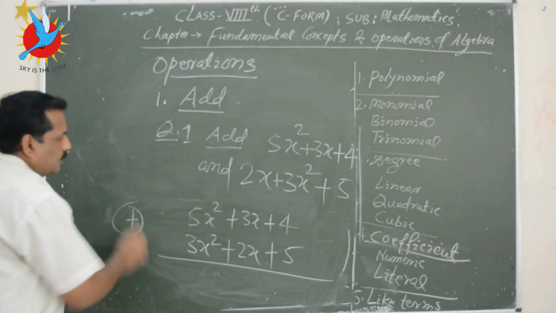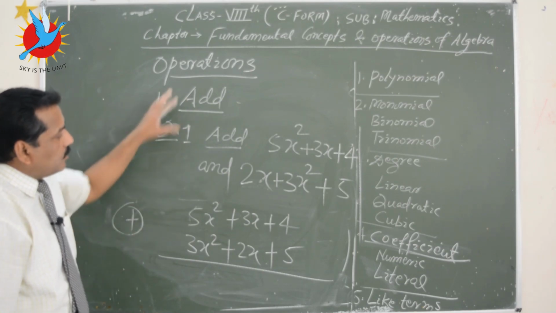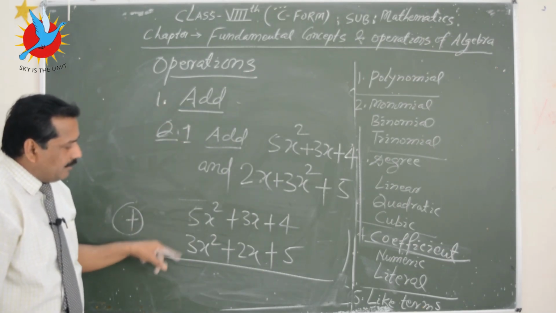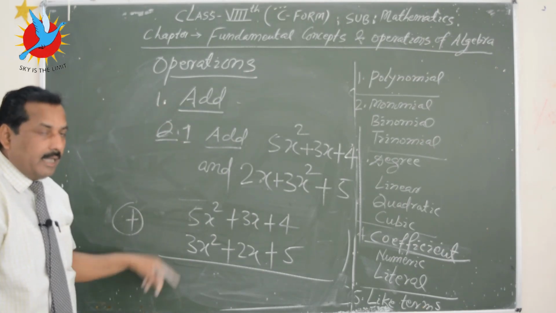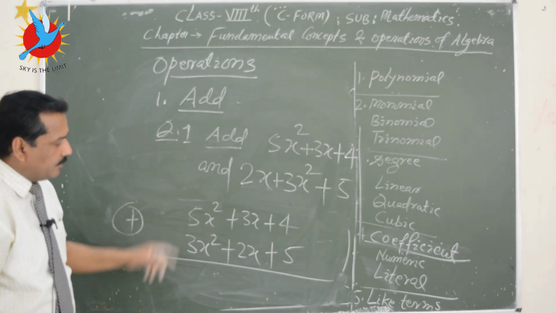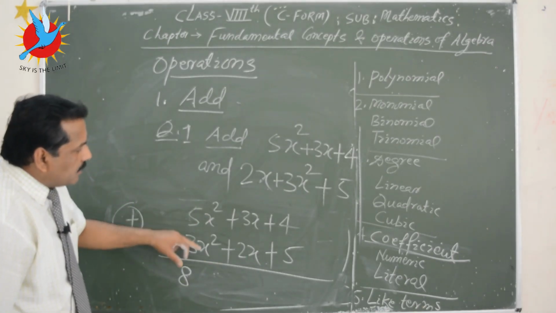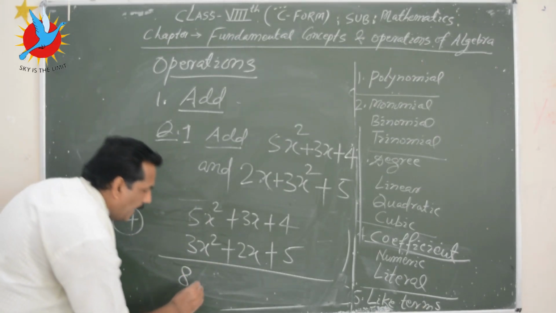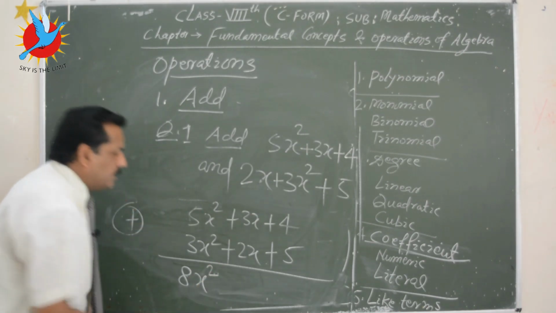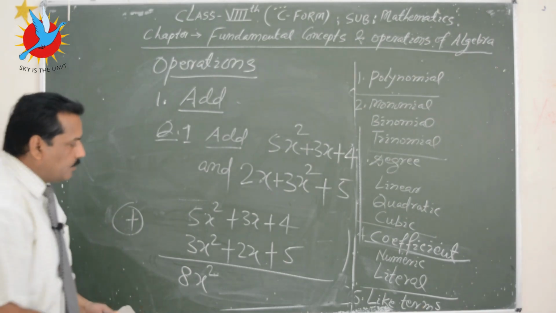So while adding two algebraic expressions or two polynomials, these numeric coefficients are to be added, because here it is the addition operation. So 5 added to 3 is 8, and the literal coefficient is written as it is: 8x square. So 5x square plus 3x square is 8x square.